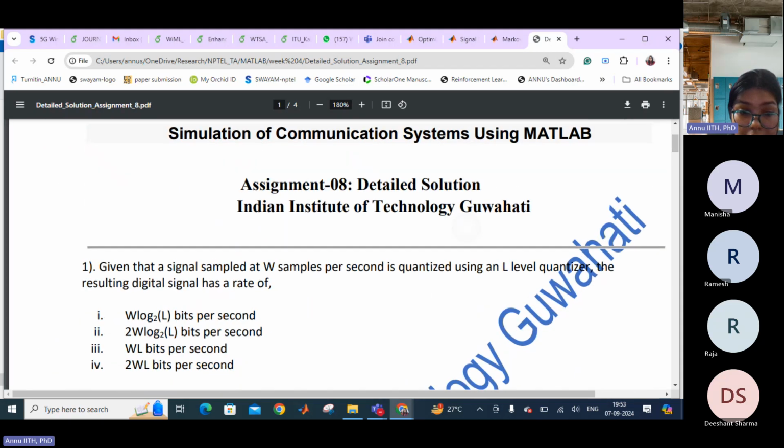Given a signal sampled at W samples per second and quantized in an L level quantizer, the resulting bit rate is nothing but W log2 L. Why log2 L?